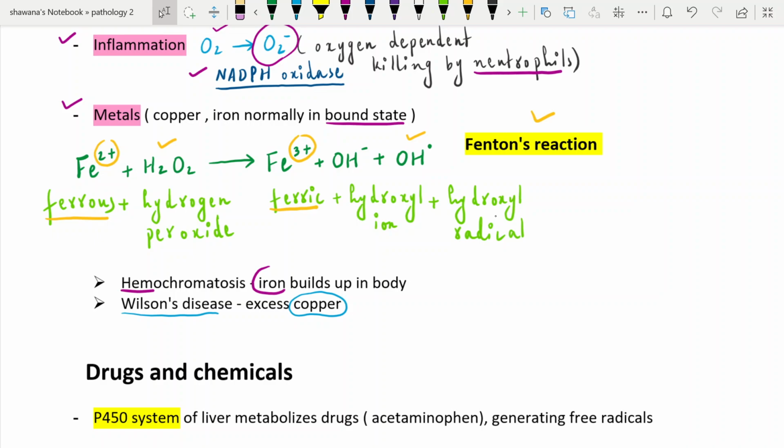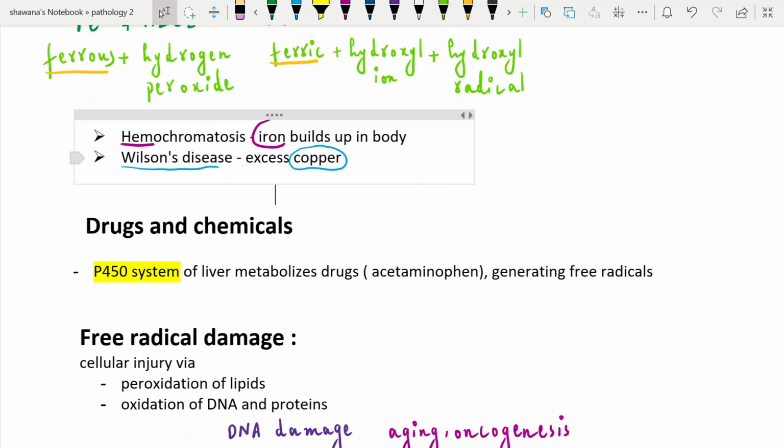Okay, drugs and chemicals. The drugs and chemicals can also generate free radicals because these drugs are metabolized by the P450 system of the liver. It's the cytochrome P450 enzymes that are present inside the hepatocytes, and these metabolize several drugs and chemicals.